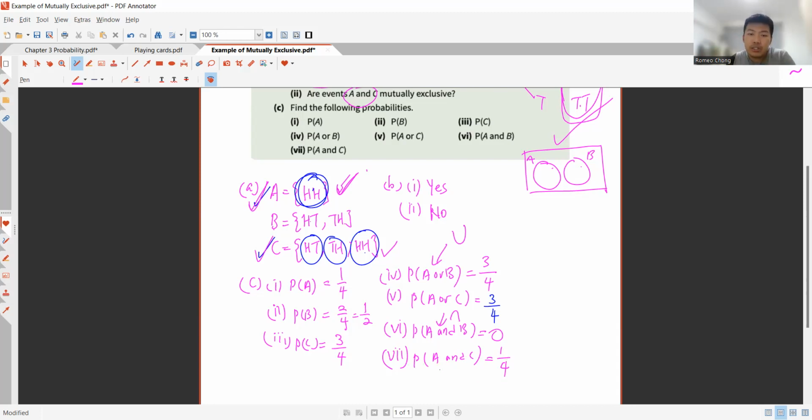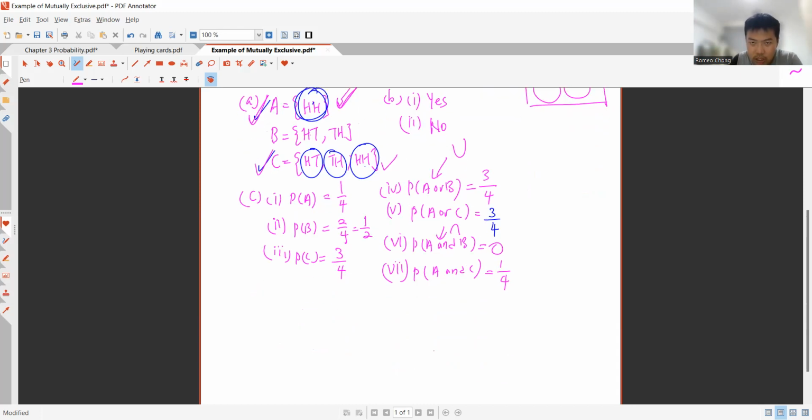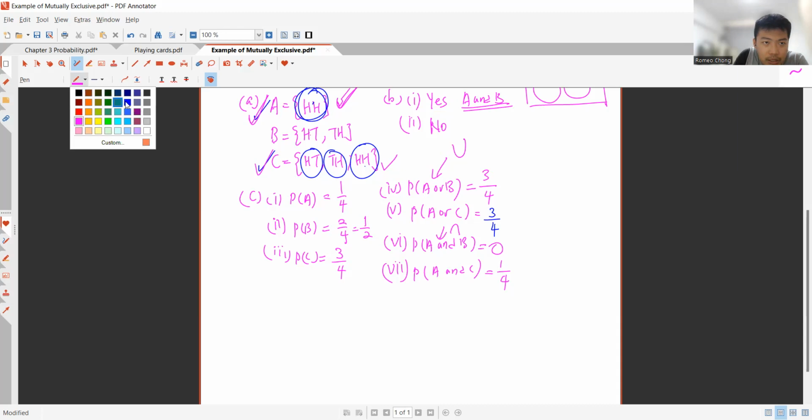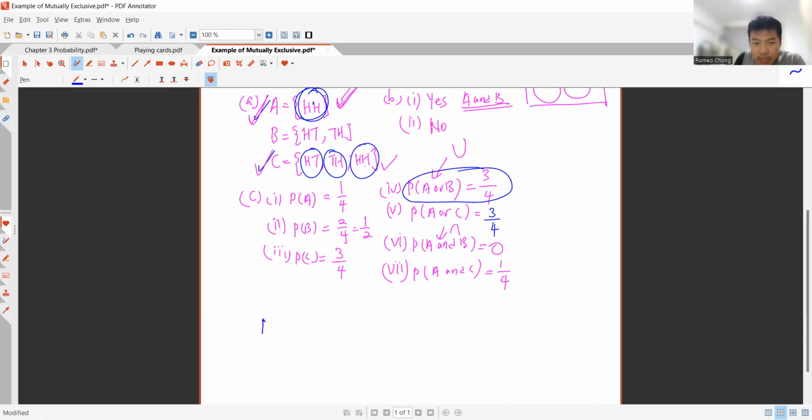Now I want you to have a look at A or B. Just now, A and B are mutually exclusive. So now we look at this probability, P(A or B), and you actually get 3 over 4.